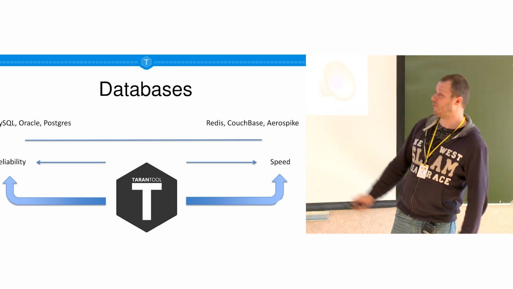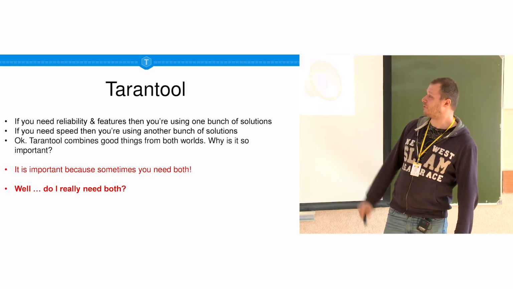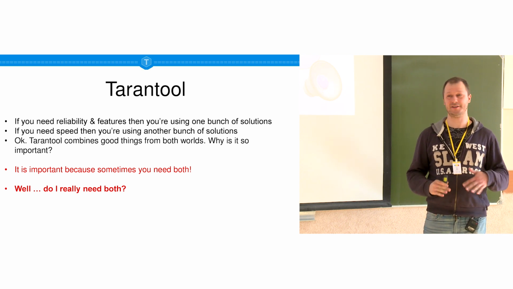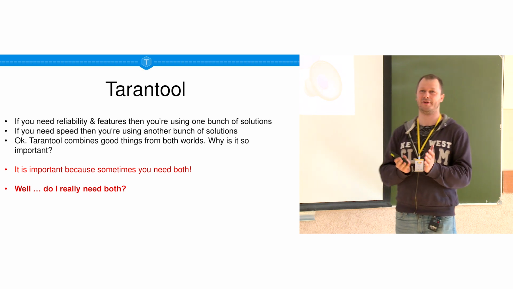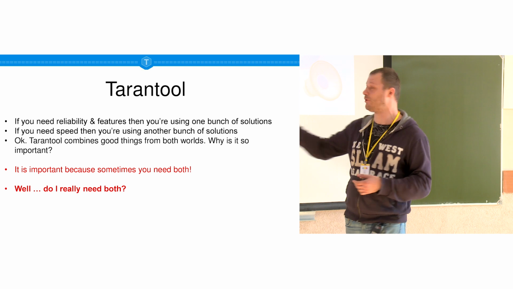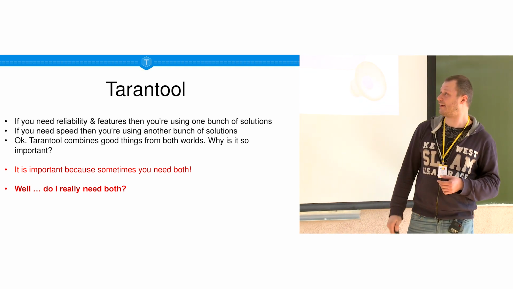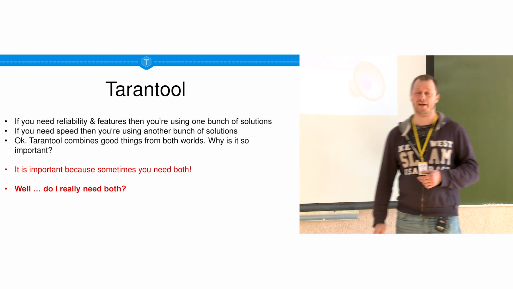And the new databases are all about speed. So Tarantool is the database that sits in the middle. It's a database that combines both the world of reliability and the world of speed. That is the main selling point of this database.